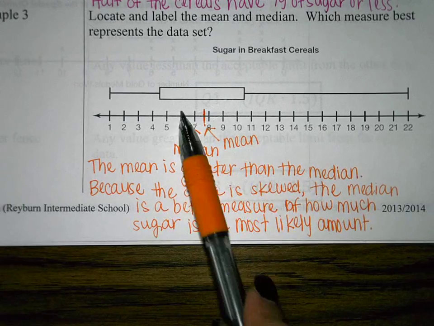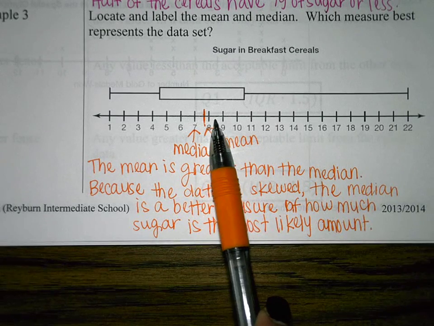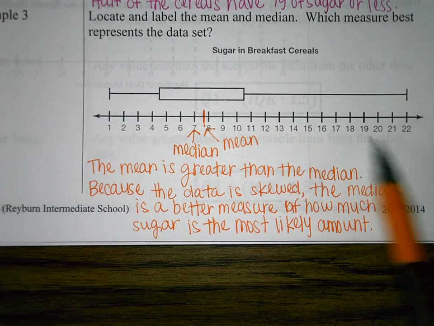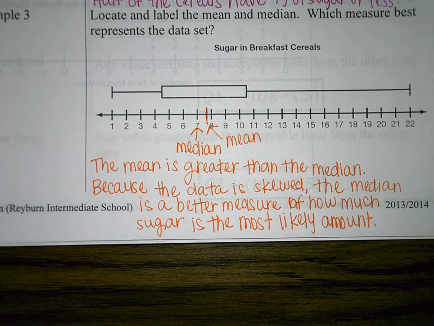The mean is greater than the median, and is actually kind of telling us that on average most of the boxes have more sugar than they actually do. That's because we had that outlier of 22 over there. So when your data is skewed, the median is a better measure of central tendency.